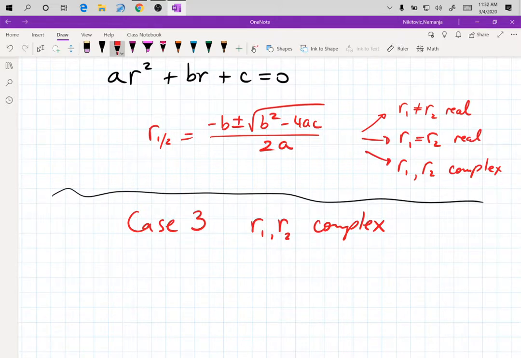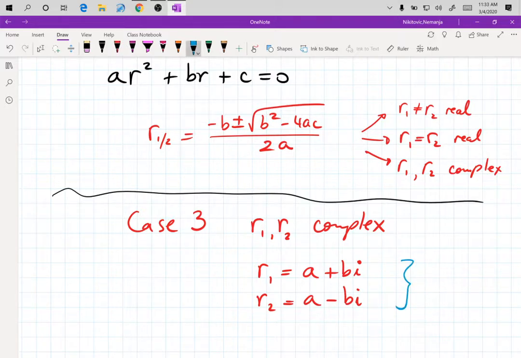If the solutions are complex, that means that r1 will be of the form a plus bi, and r2 will be a minus bi. This is known as the complex conjugate pair, and the complex roots always come in pairs. So this will never be anything different. We'll call this complex conjugate pair.